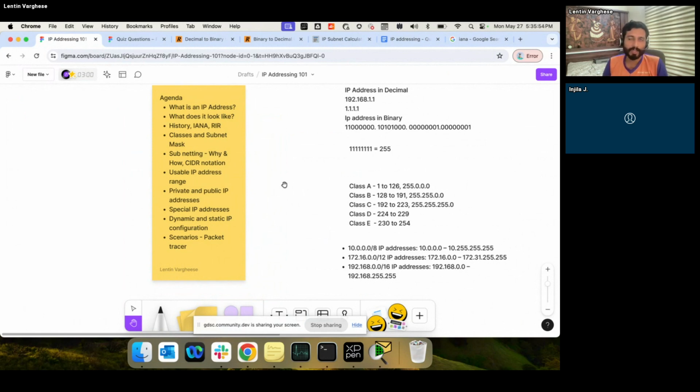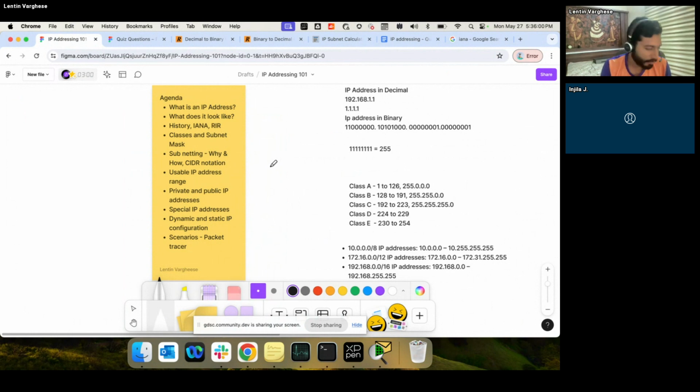What is done is basically there is a protocol called DHCP. Let me write that down. DHCP, Dynamic Host Configuration Protocol. Once you configure DHCP with a block of IP addresses, it will automatically distribute IP addresses to any computer which is connected to the network.